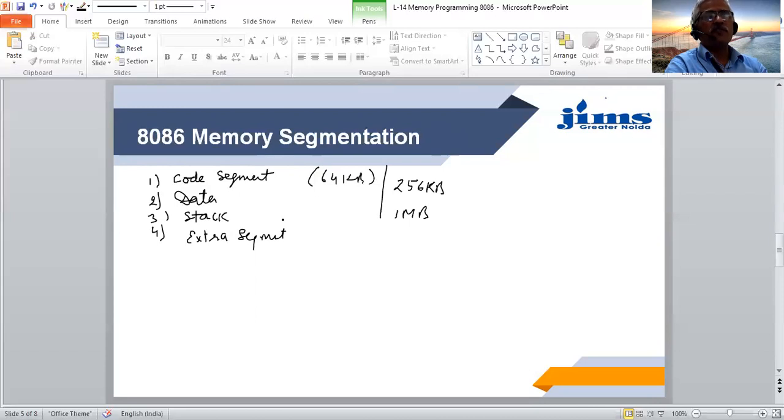And what is the purpose of these segment registers? The purpose of these segment registers is that they hold the starting or the base address of a given segment.